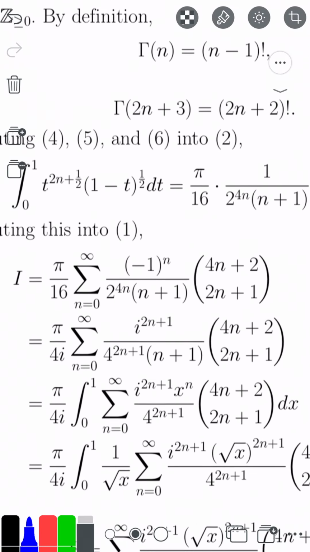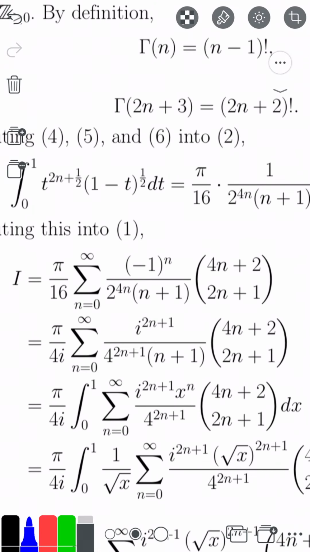Well, let's rearrange it algebraically a little bit. 2 to the power of 4n is 2 to the power of 4 to the power of n, and 2 to the power of 4 is 4 squared, so 2 to the power of 4n is 4 to the power of 2n.